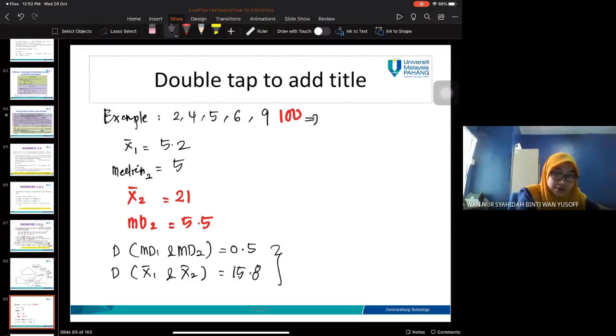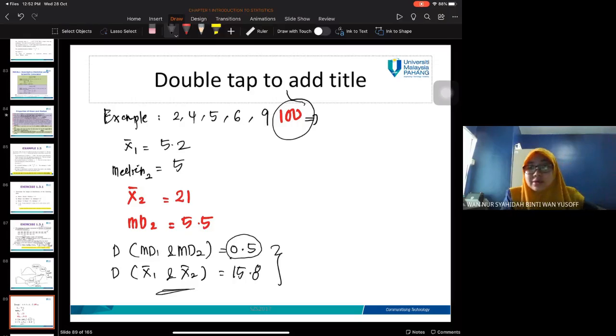So when we add the outlier here, there is a huge difference between x bar 1 and x bar 2, which means that your mean is affected by the outlier. But for median 1 and median 2, the difference is only 0.5. It is affected, but less than the mean. That's why in the properties, median is less affected than the mean when we have the outlier.